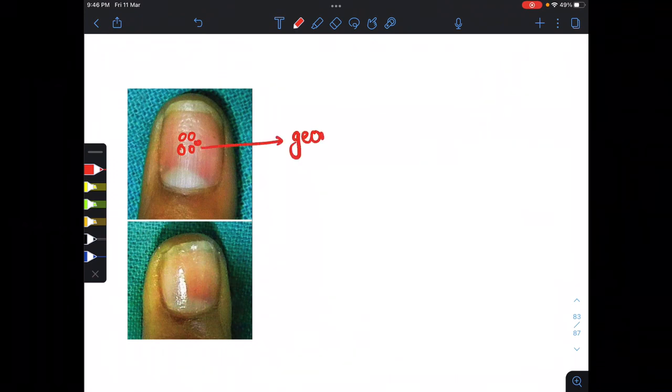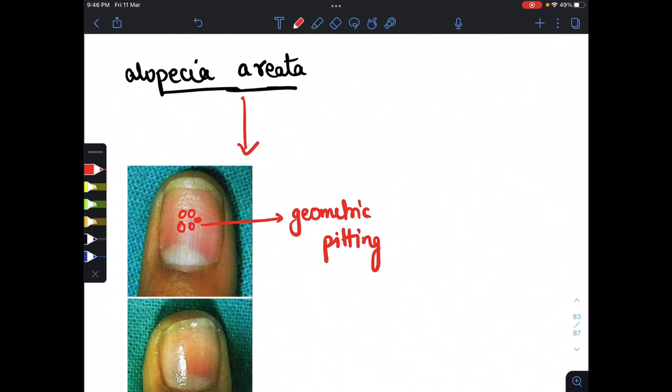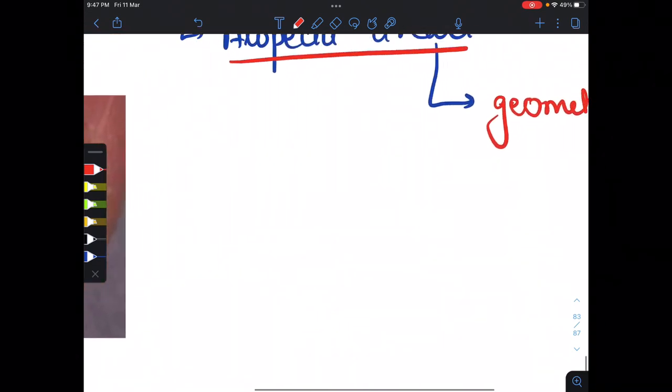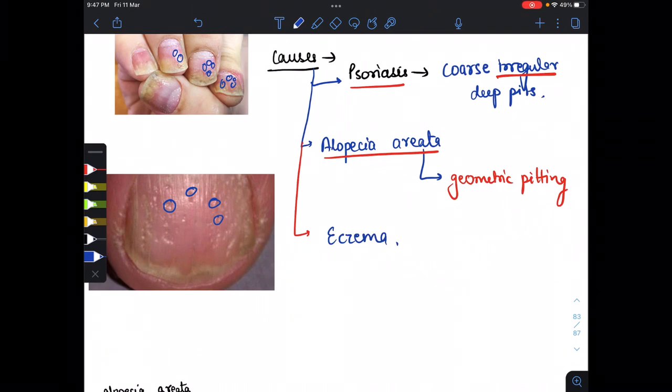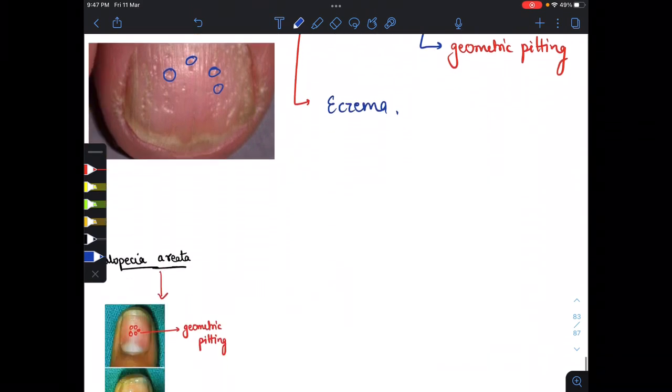So it is a geometric pitting. Or in other words, we can say superficial, regular, fine pits will be there. The next cause of pits is eczema. So these were the causes of pitting.